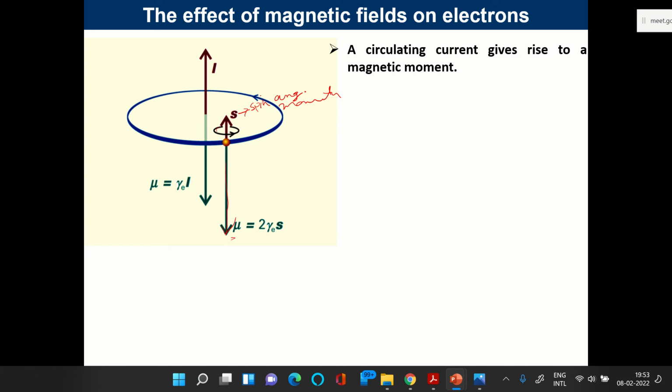Similarly, the same applies to the orbital motion also. You can think of the electron as also moving in this path, the bigger circle that you are seeing, and when it is moving, it will have this orbital angular momentum.